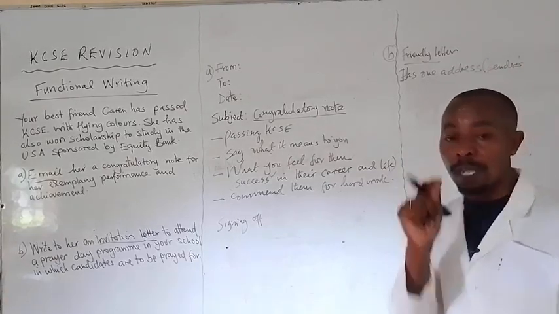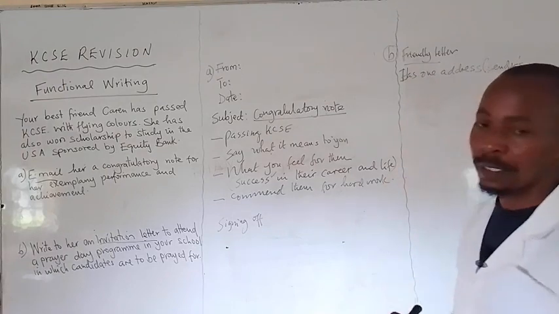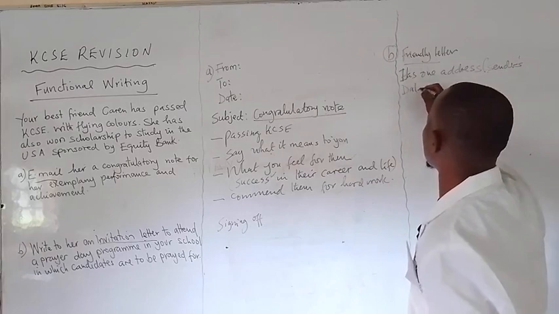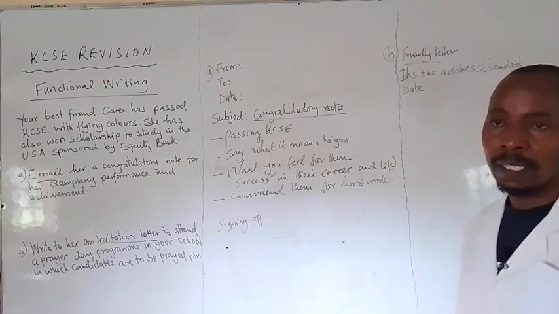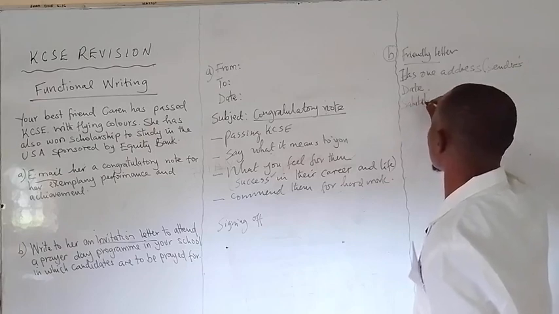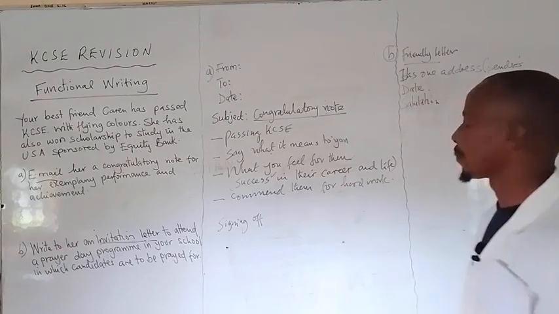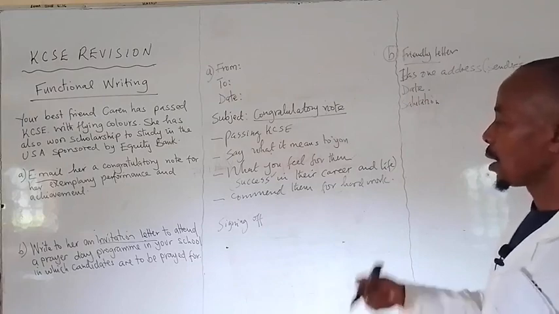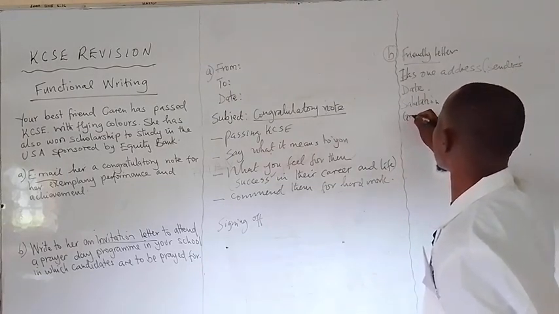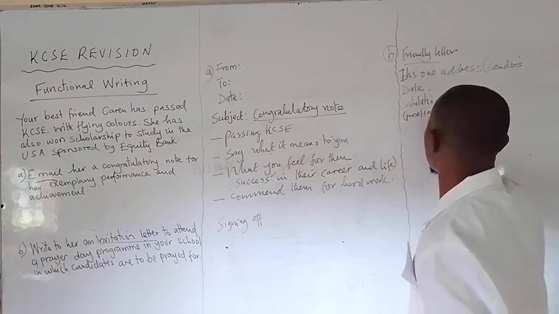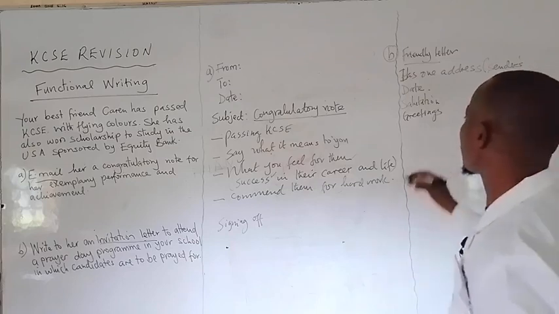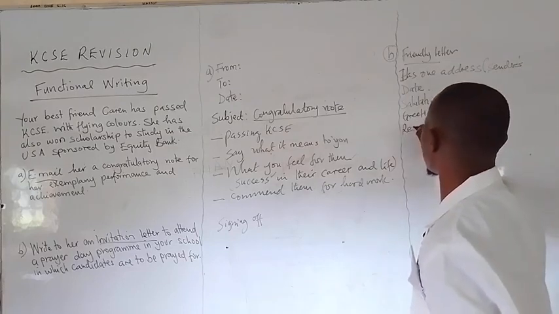After finishing with the sender's address, the next item would be the date. Write the date there, followed closely by the salutation. After the salutation, of course, we are expecting greetings. After the greetings, what is supposed to follow is the reason for the letter.